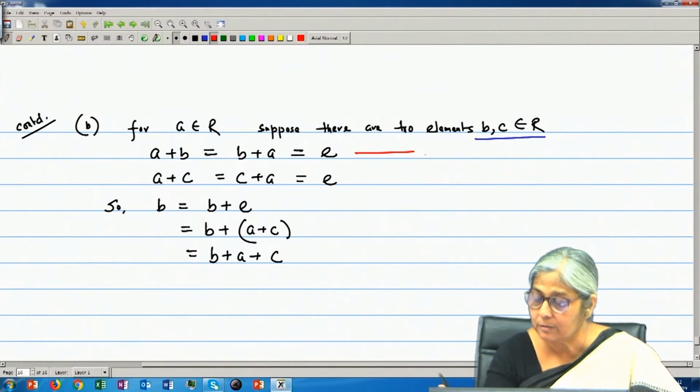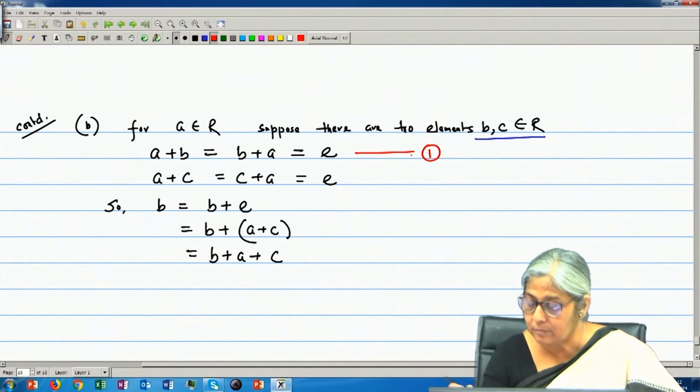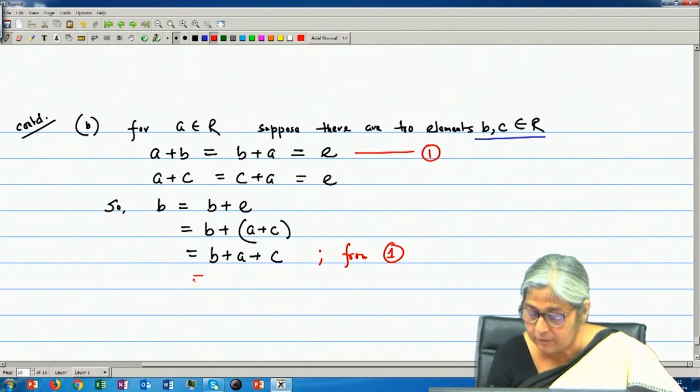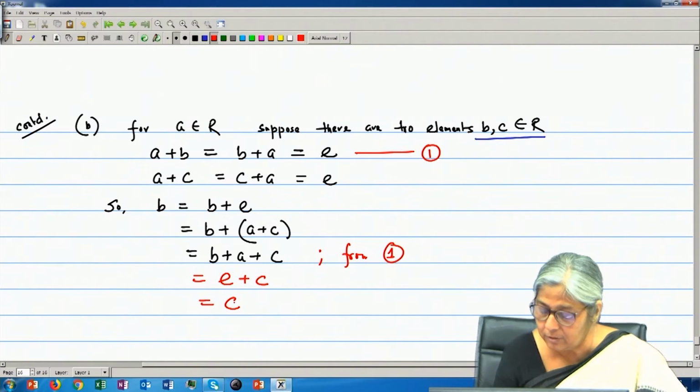From here, B plus A equal to E. So, this is E plus C equal to C only.